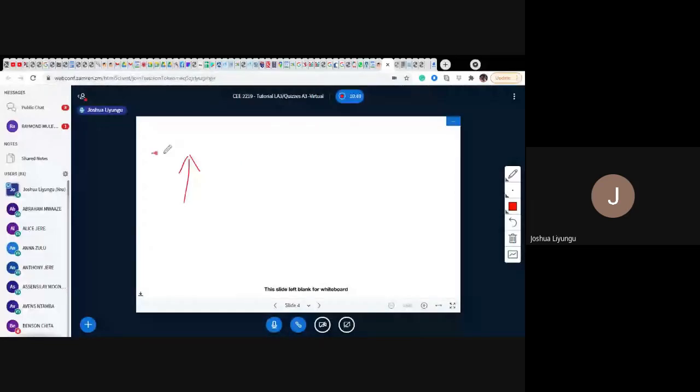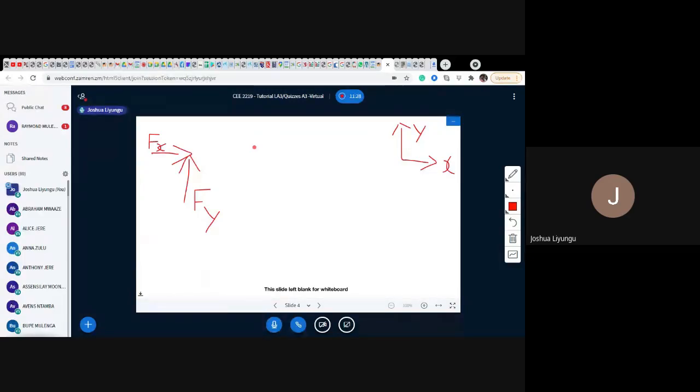If that is our Y and that is our X, one will be the force in the Y, and the other one will be the force in the X. I remember I told you something concerning a pin connection: whether the member is free to rotate or not.